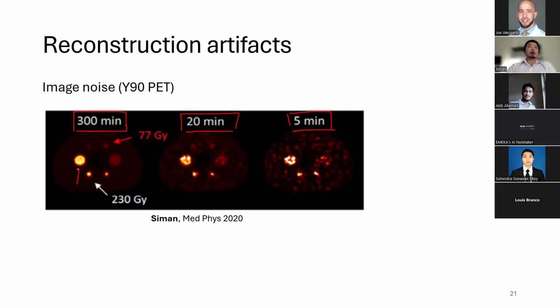When you acquire for 5 hours, it looks like a uniform sphere, very respectable. But as you reduce the durations, you can start seeing the uniformity break down. At 5 minutes, this does not even look like a uniform sphere anymore. So again, this is a reconstruction artifact.